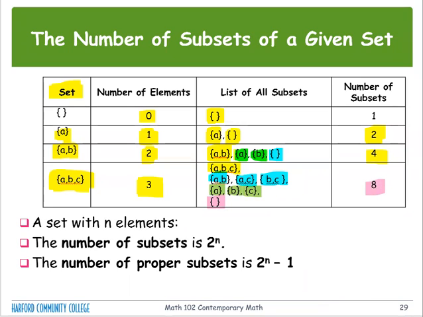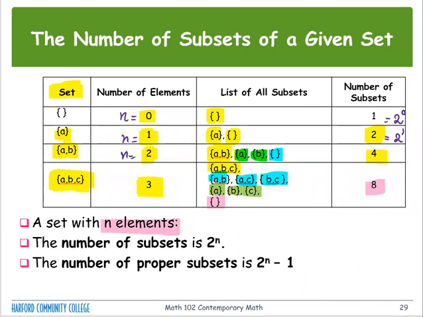So we come up with a formula to compute the number of subsets for a set that has n elements, or cardinality n. For the case of 0 members, n equals 0, so 1 is 2 to the power 0. For n equals 1, the total number of subsets is 2 to the power 1.